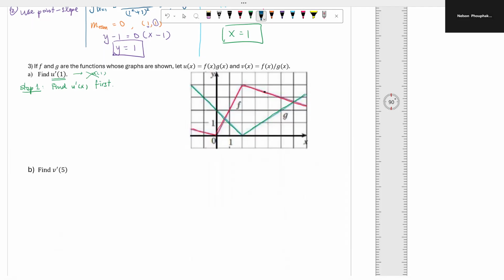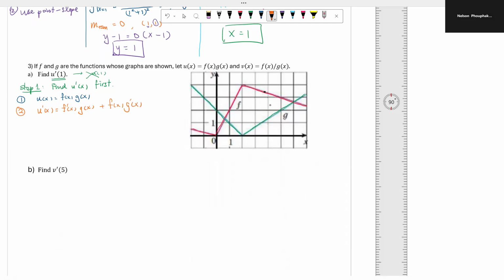So then let's see. This is my first step. I start with u of x equal to f of x times g of x. Okay. Then my step number 2, my u prime of x, basically it will be f prime of x times g of x plus f of x times g prime of x.